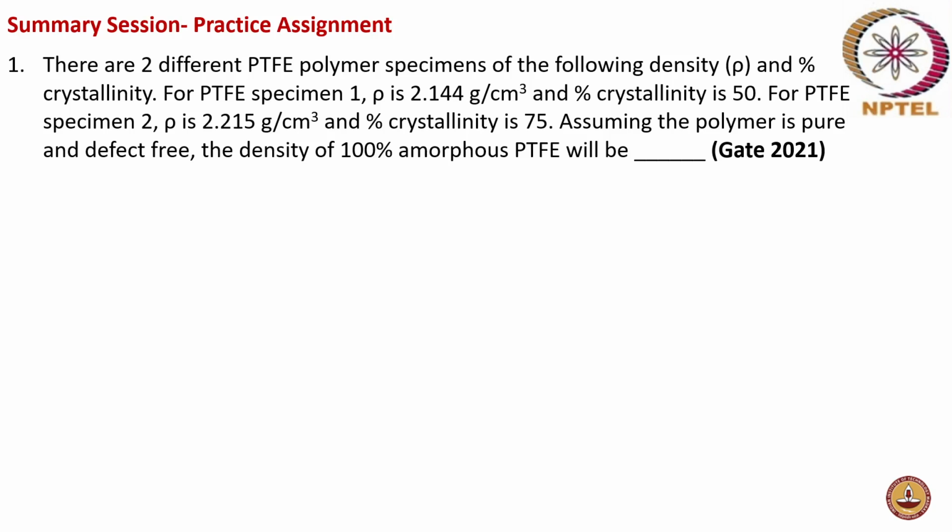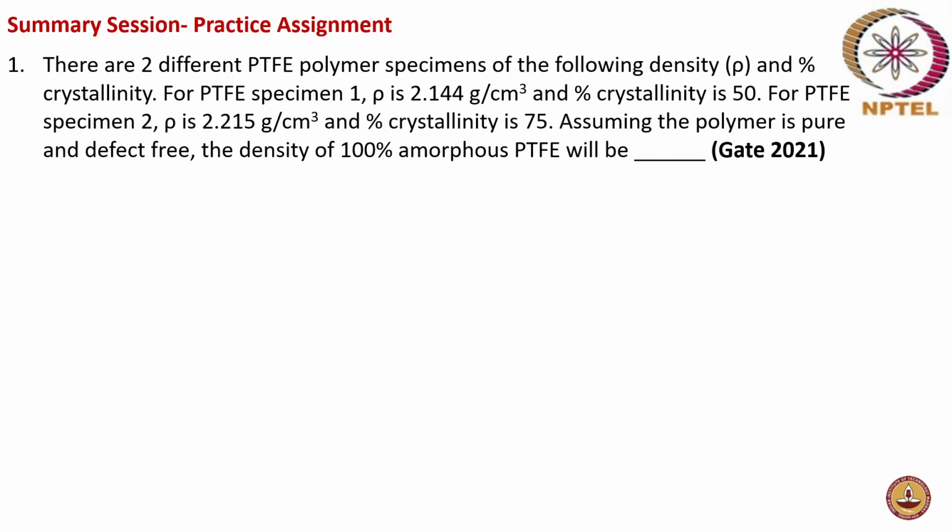So these were all discussed in that particular week's practice assignment actually. How to go about it? We will assume the density as one variable, and we will connect the two equations.